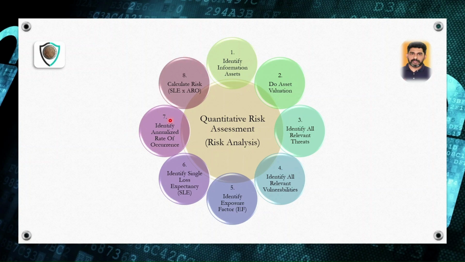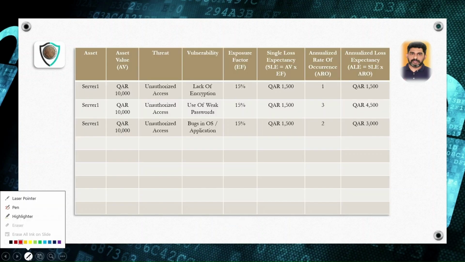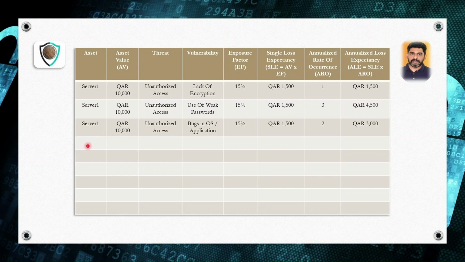And finally, once you have calculated the SLE and the ARO, SLE times ARO, you get your risk. So here the asset valuation is done in terms of money value, and the risk is also calculated in terms of money value. Let us look at how quantitative risk assessment can be done.